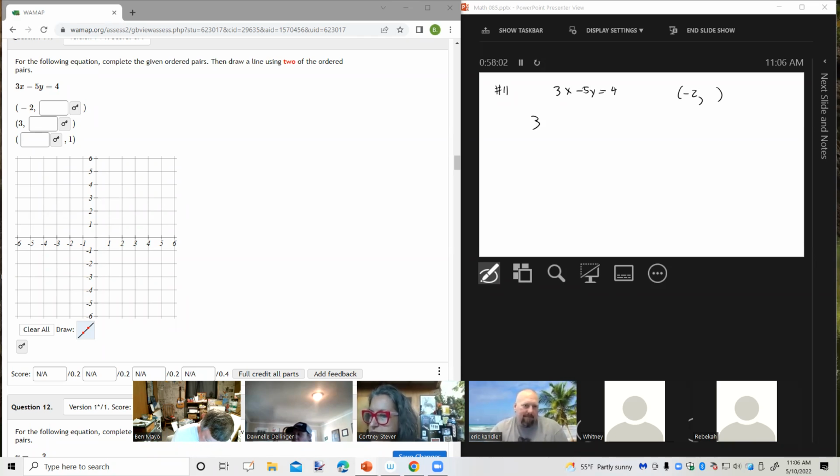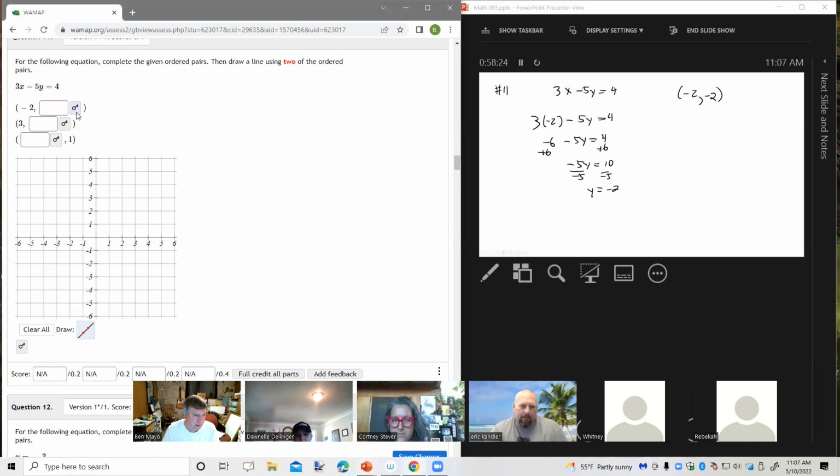So -2 goes in the place of x. All right. -6 minus 5y equals 4. Add 6, add 6. -5y equals 10. Divide by -5, y equals -2. Okay, so that first point should be -2, -2.